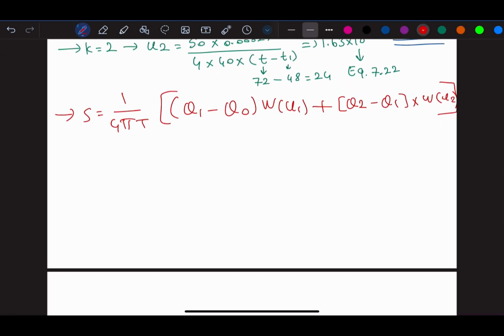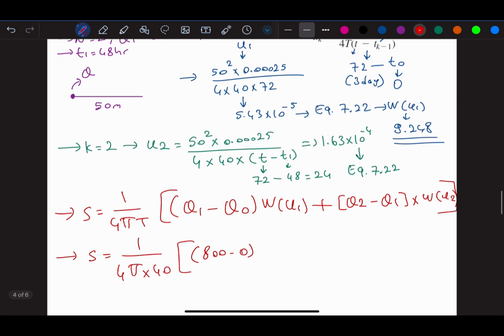And now let's write our values to find the drawdown. We have 4 pi times 40, and here we have 800 minus 0, times 9.248.